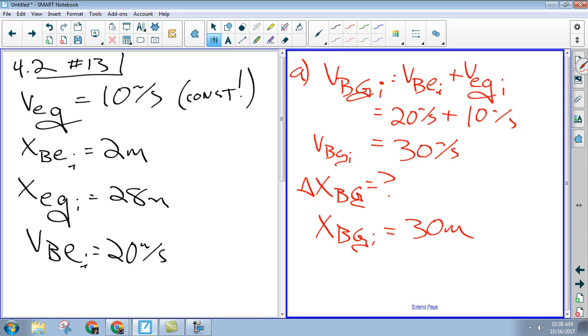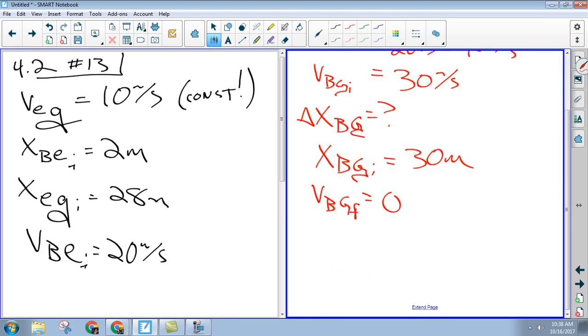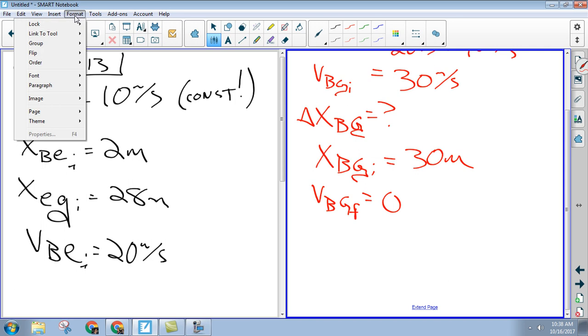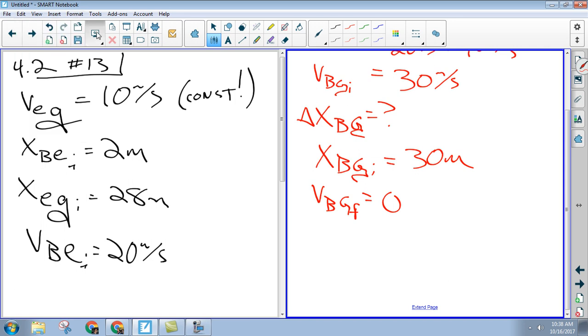From the time he throws it until it gets to the top. So the final velocity is 0, right? Does everybody understand that? Okay, so we're looking for a time interval. We want the velocity of the ball relative to the ground final to be 0. And there's one other thing I know. What else do we know, you guys? Acceleration. Acceleration, right?